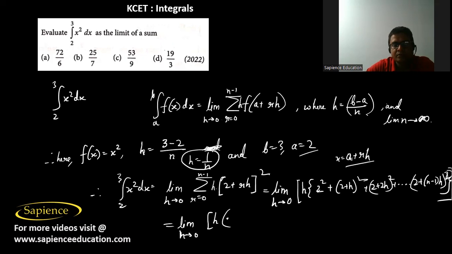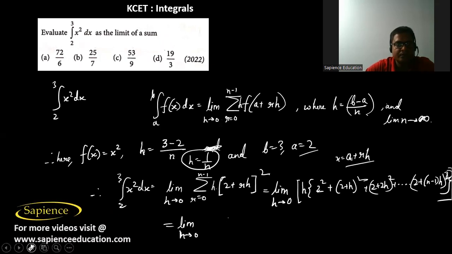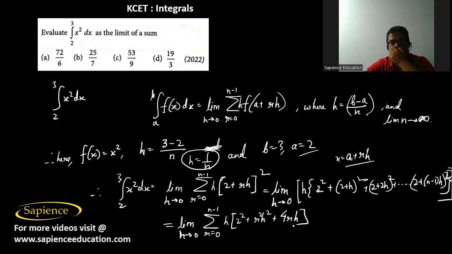I can write this as limit summation r goes from 0 to n minus 1, h into 2 square plus r square h square plus 2ab, so 4rh. This we have to do.